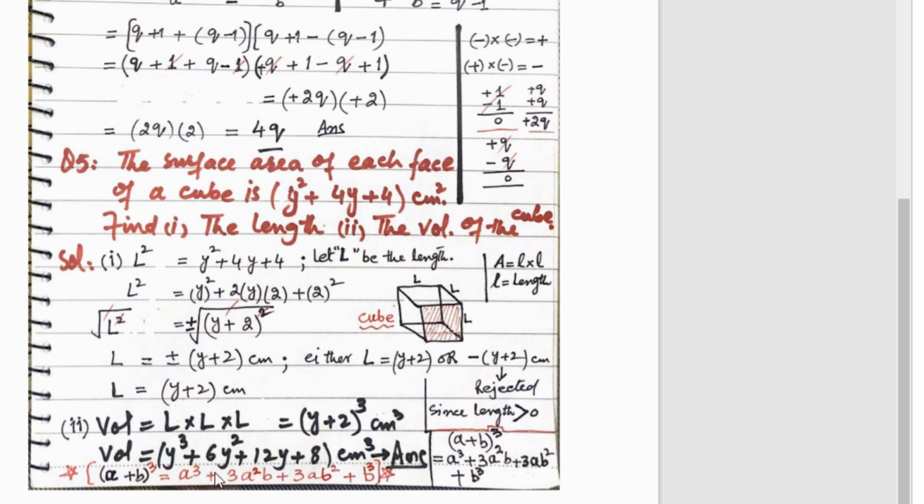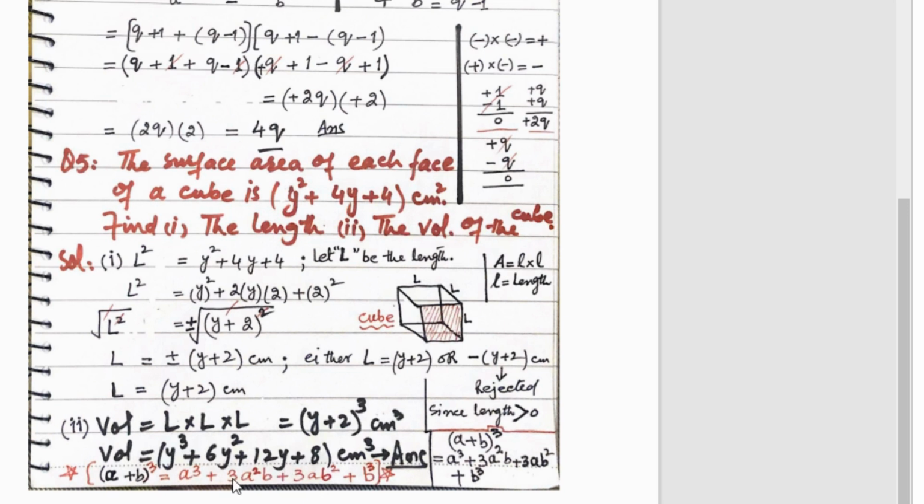Now the central term. Central terms according to this formula are 3a square b and 3ab square. First and last terms are a cube and b cube, but the central terms are 3a square b plus 3ab square. According to this expansion of a plus b whole cube, the central two terms would be 6y square plus 12y.